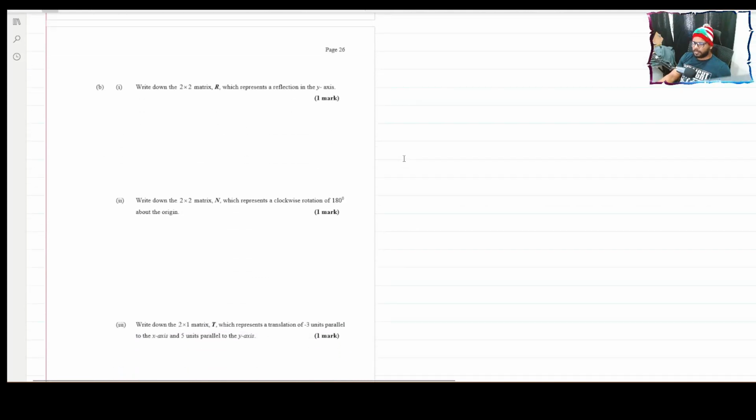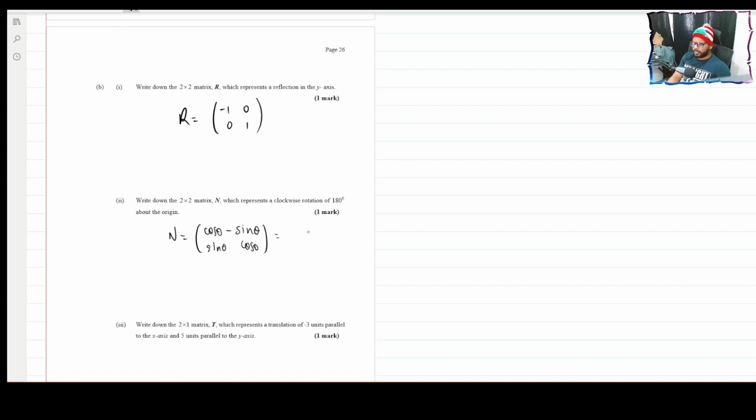Alright, last piece now. Write down a 2 by 2 matrix R, which represents reflection in the y-axis. So we could say R is equal to -1, 0, 0, 1. Write down a 2 by 2 matrix which represents a clockwise rotation of 180 degrees. So N is equal to cosine theta, minus sine theta, sine theta, cosine theta.